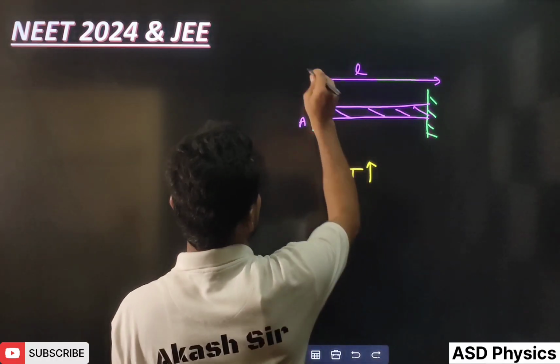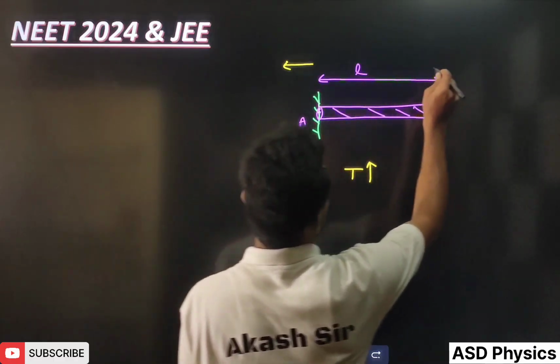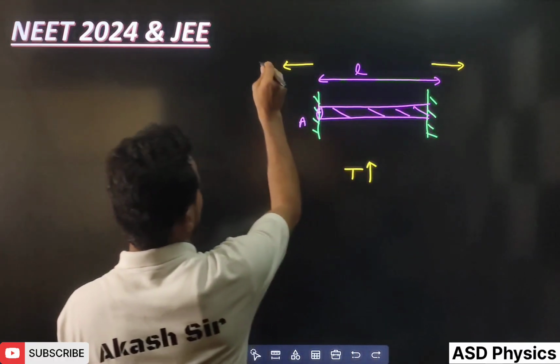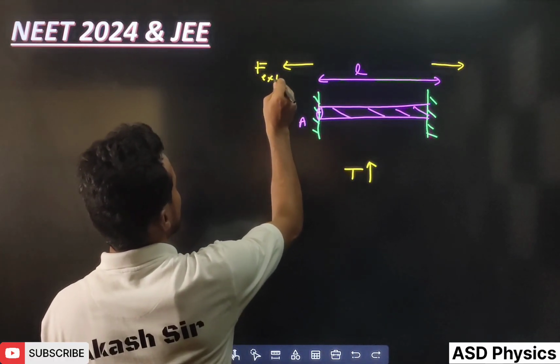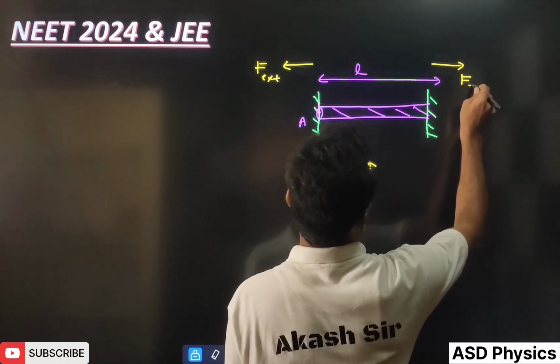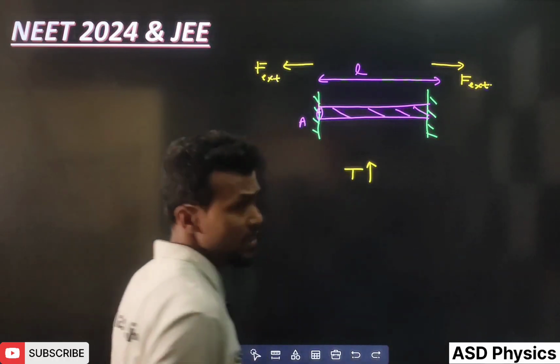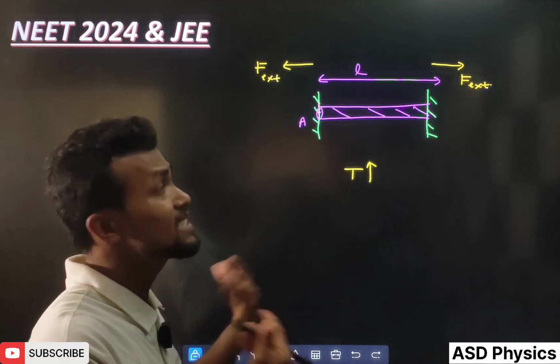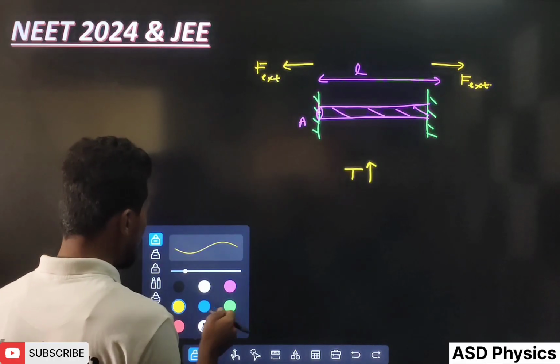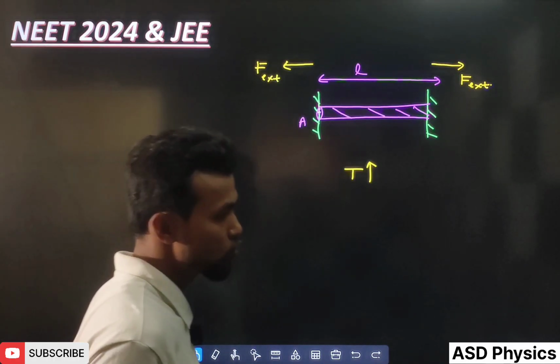So in that situation, because of the expansion, one force will act, that is called F external. I am writing this is coming because of the expansion of the rod, because temperature is increasing. But remember that in the question they told that the rod is not allowed to bend.